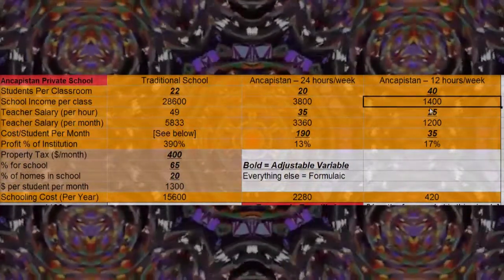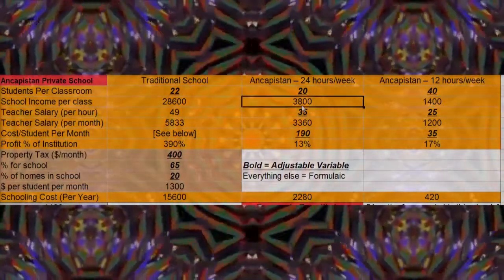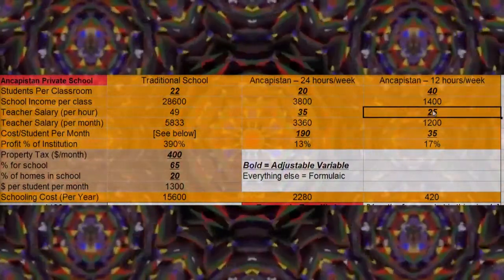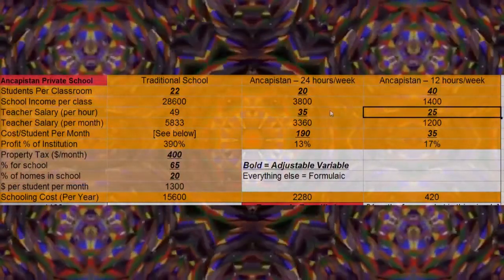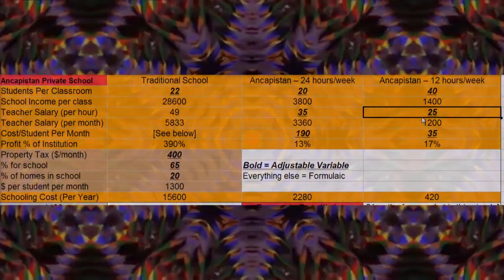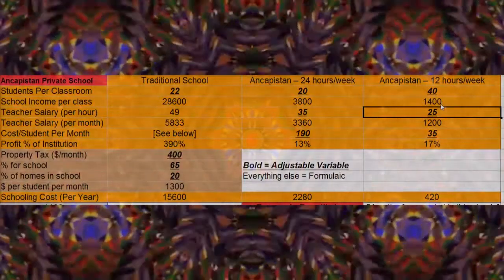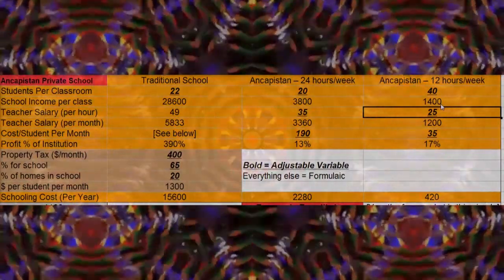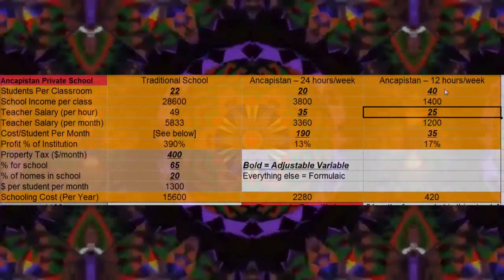You have student income, or the school income, at $1,400, down from $3,800. But because you have half the hours and the teacher is getting paid slightly less, maybe the teacher will have less education themselves, or it's a lower quality teacher, or they just take the lower salary because that's the market for this school system.